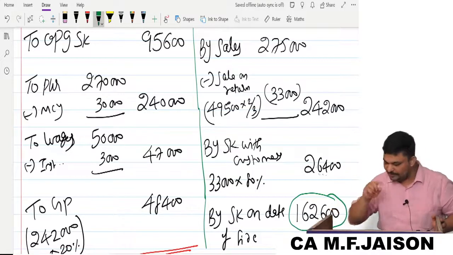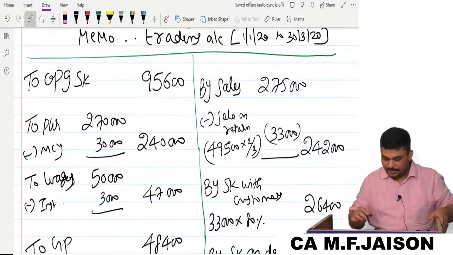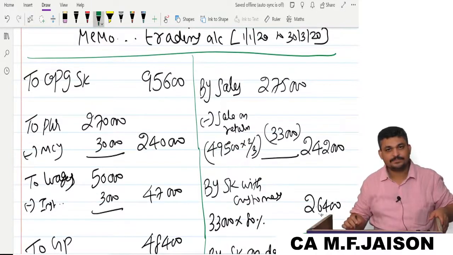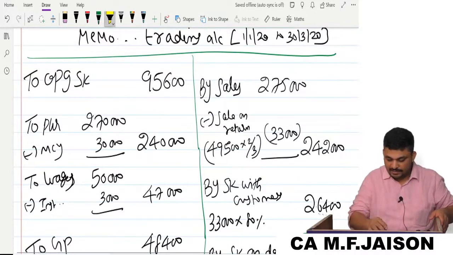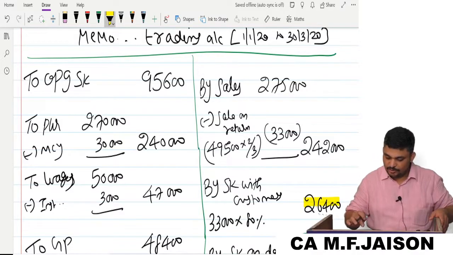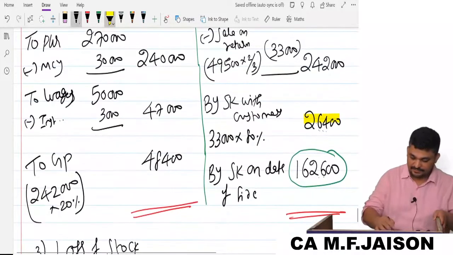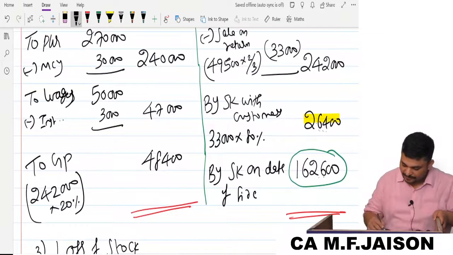Suppose you have not done all these things, what would have happened? You will not have this number. Similarly, you will have 2,75,000. You calculate directly 20% on 2,75,000, so the profit would have been 55,000.